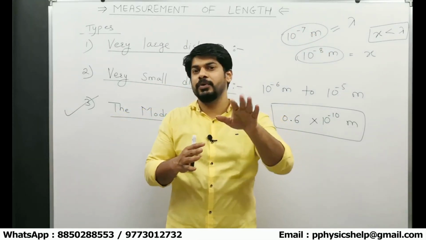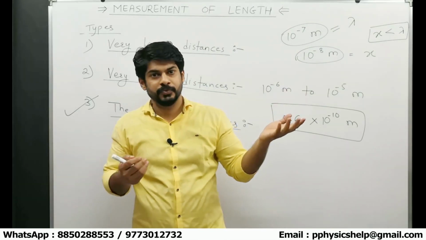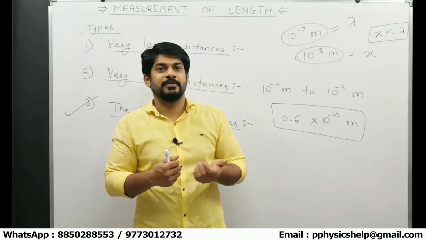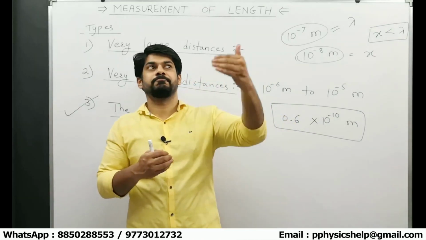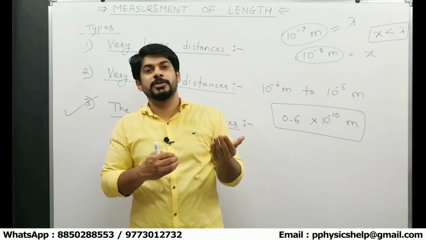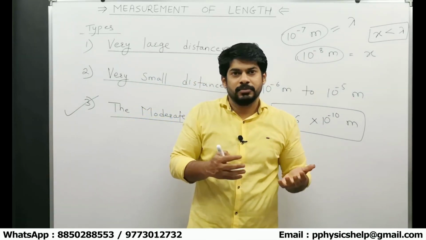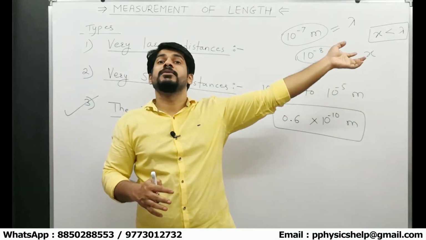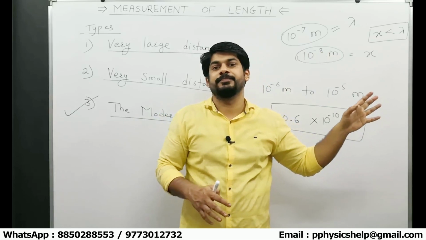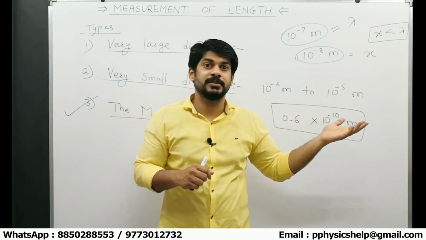Nowadays people use lasers to find out the distance from the moon to the earth or to some other planet. Laser is recently developed, but previously there was no laser. What did the people do to find out such long distances?